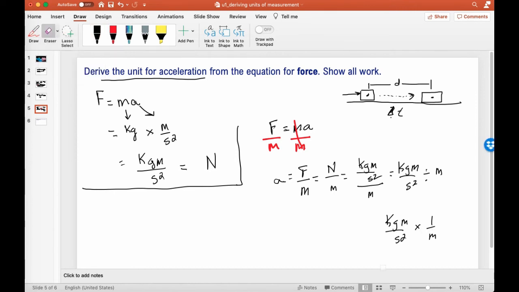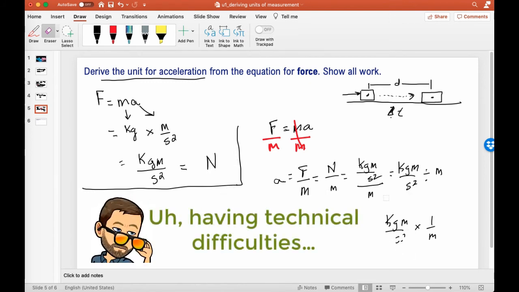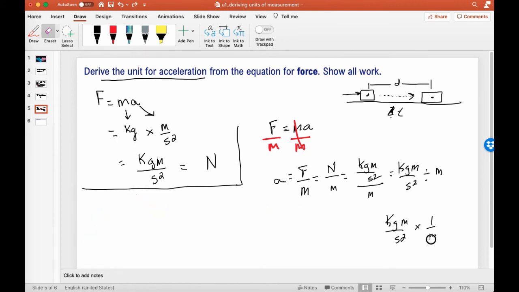So let's think about it. I can go back here, erase this right here, and make this a kilogram, correct?